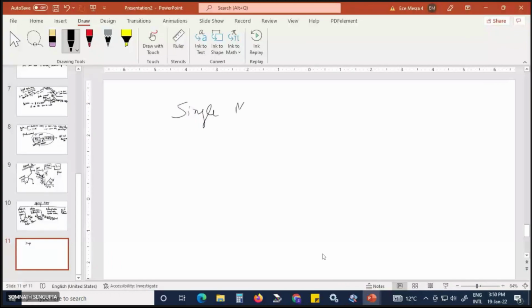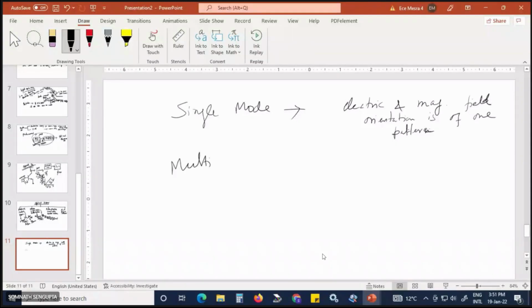Single mode means the electric and magnetic field orientation is of one pattern or single pattern, whereas multi-mode is many patterns.